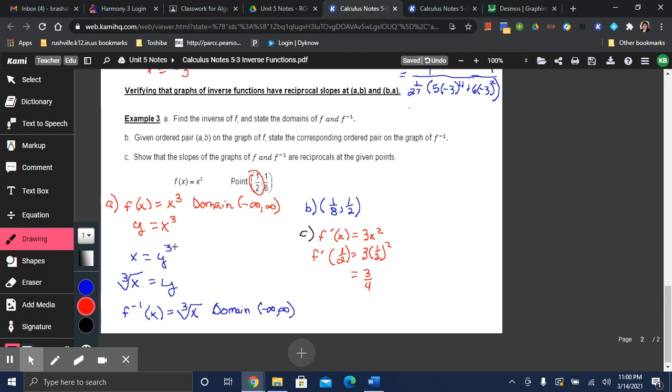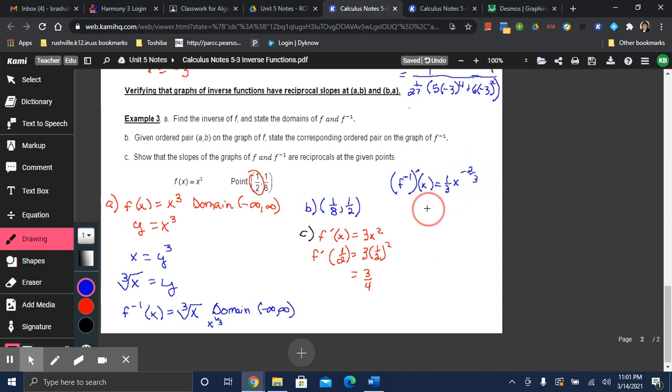So now we're going to look at f inverse prime, and it's just a little bit longer, so I'm going to start up here. So f inverse prime of x would equal, all right, now if we think of this as x to the 1/3 power, then that would be 1/3 x to the negative 2/3 power.